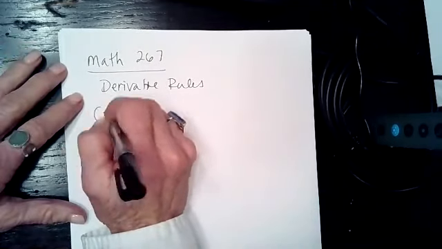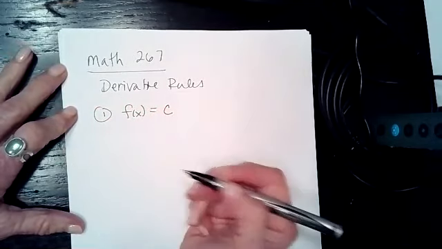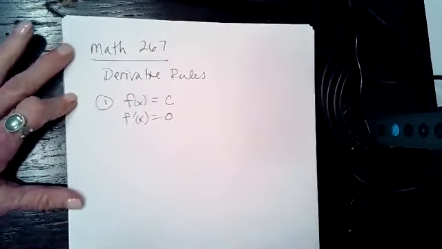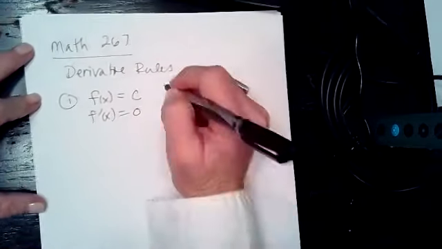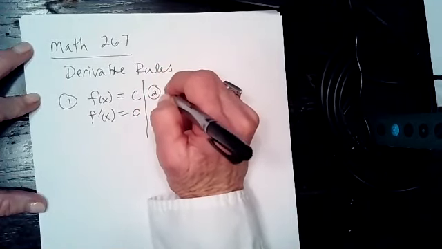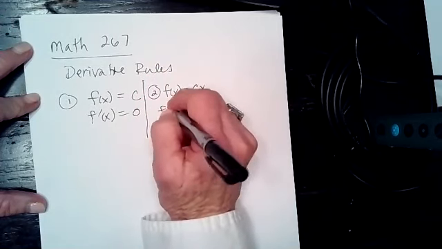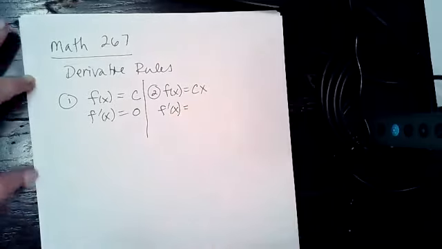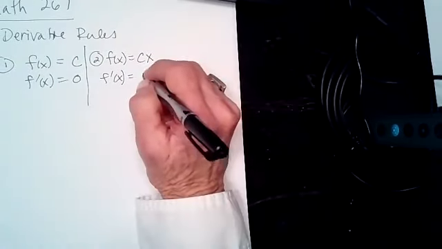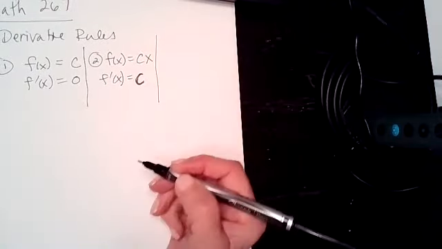All right, so rule number 1, the 3 basic rules. If f of x is a constant, a number, what's the derivative? It's 0, okay? And then the second rule is if f of x is a constant times x, 5x, 3x, 2x, 1/2 x. So if the function is a constant times x, the derivative is just a constant. We've done some derivatives.